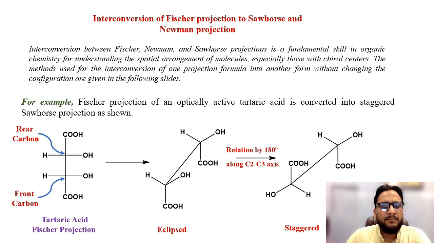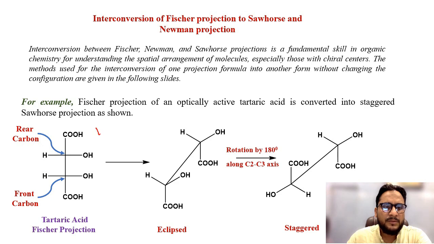And the same understanding would help you to distinguish between erythro and threo isomers, because when questions are asked about erythro and threo isomers, sometimes the structure is not given in the form of the Fischer projection formula, which is given over here.